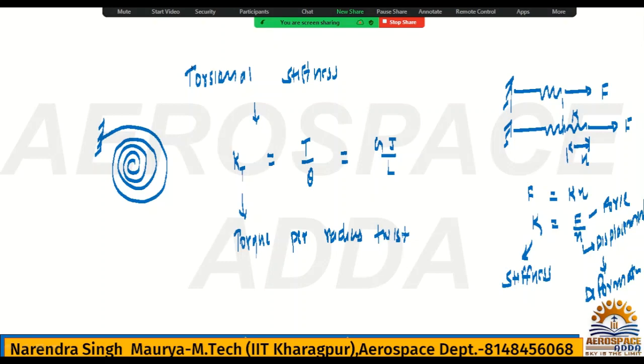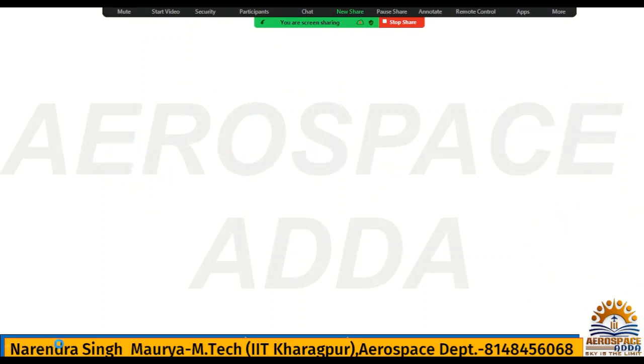Okay. Now moving ahead, because we are talking about the shaft here, so if this is the shaft, and the purpose of the shaft I have discussed already, it is basically used to transmit power from one system to another system.